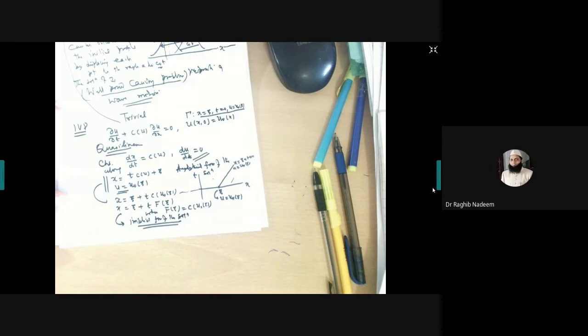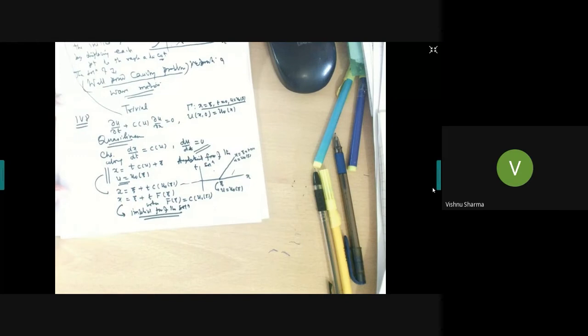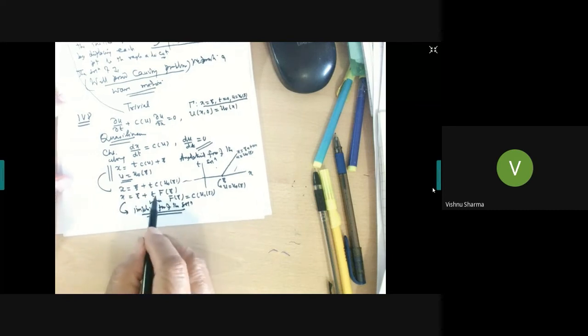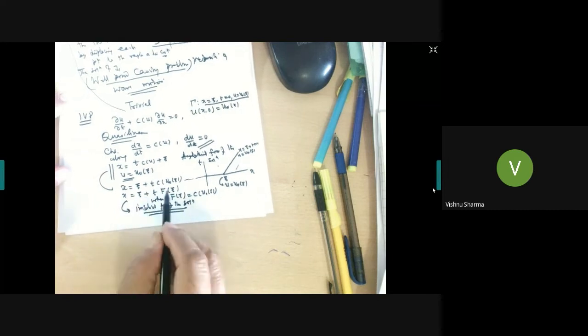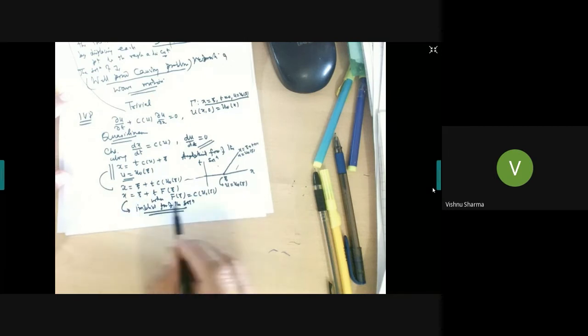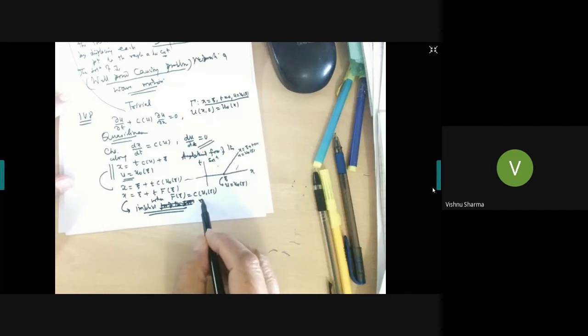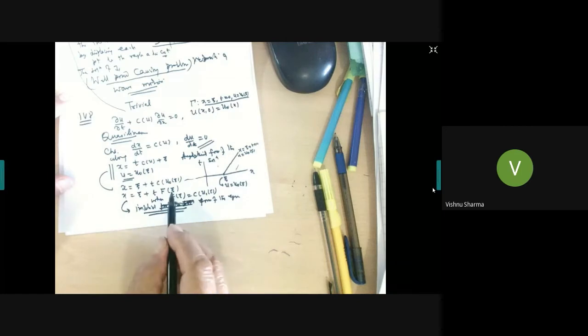So now the thing is this, as I said earlier, that is not always possible. So under what condition? Here you see, this is again an implicit form of the equation, which yields ξ as a function of x and t.